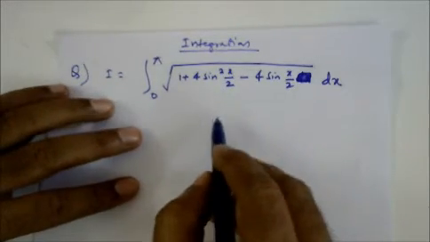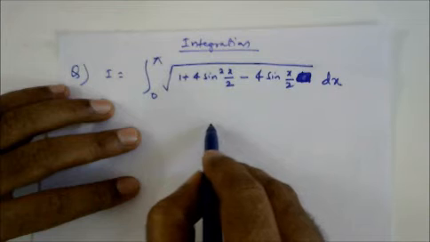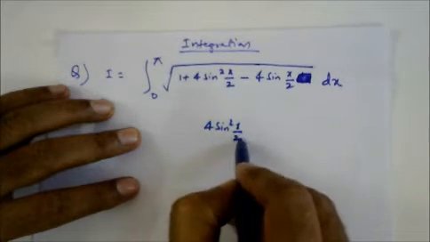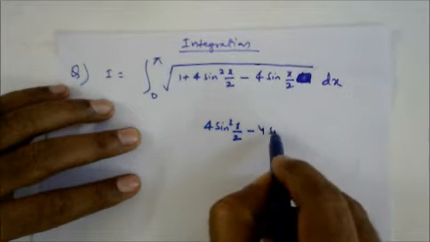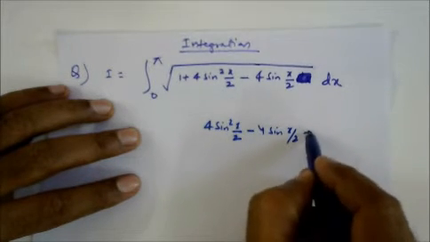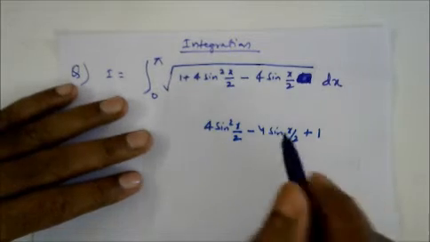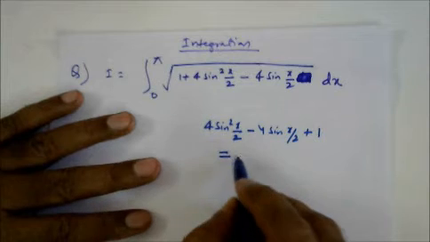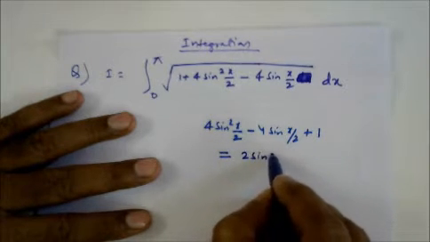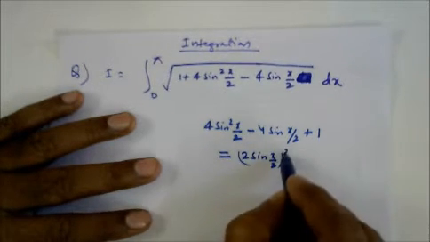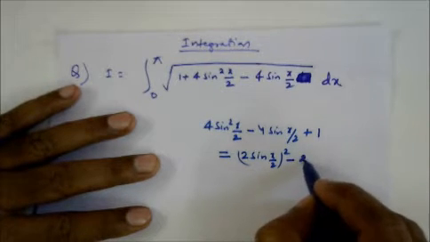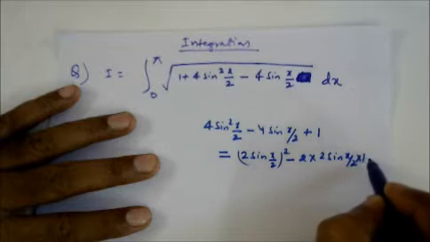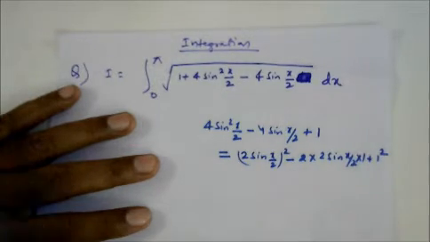Okay, so we can write this as 4 sin square x by 2 minus 4 sin x by 2 plus 1. So it is just like a minus b whole square. So it is twice sin x by 2 whole square minus 2 into 2 sin x by 2 into 1 plus 1 square.